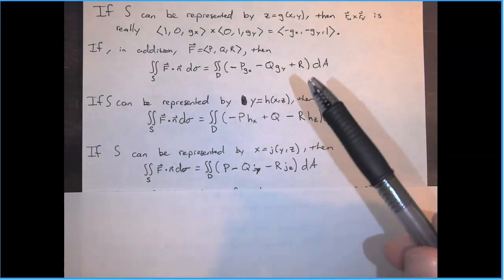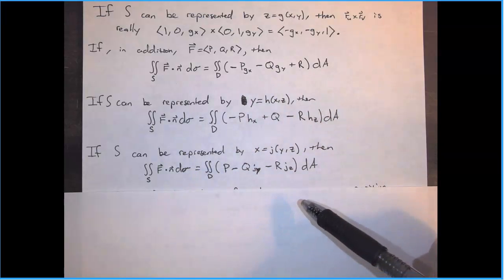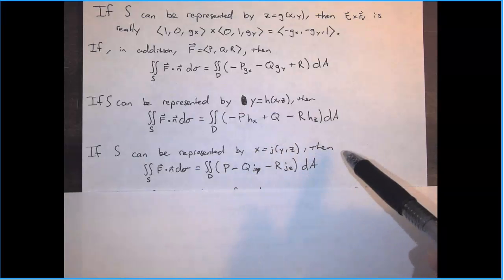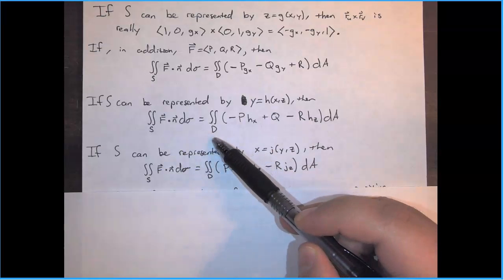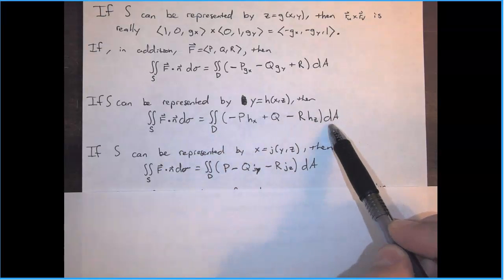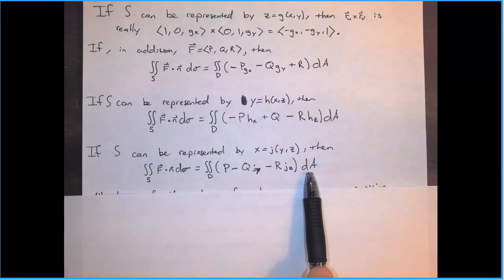And then the other two component functions are multiplied by -1 and multiplied by the partial derivatives of the function that represents the surface. Here, D is a region in the xz plane, dA is dx dz, and in this case, D is a region in the yz plane, and dA is dy dz.